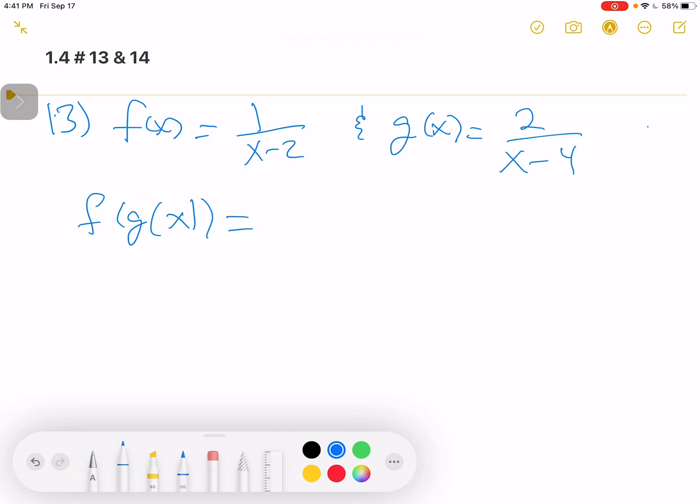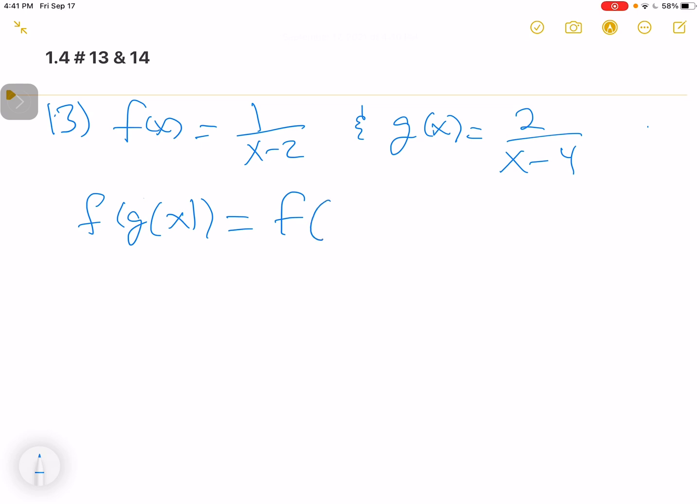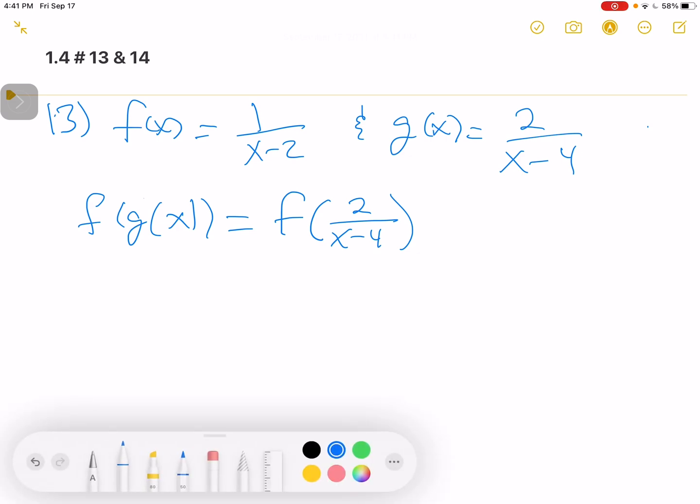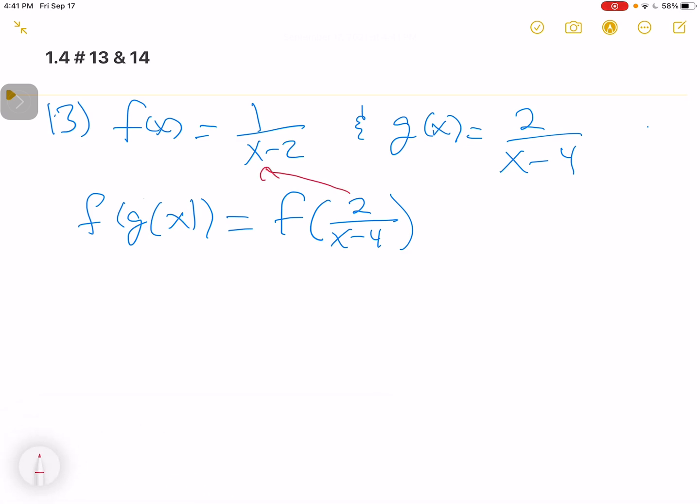And so what that's going to be asking for is put f of, and our g of x is 2 over x minus 4. So that's 2 over x minus 4 that's going to go inside of the f. So this 2 over x minus 4 replaces that x there. This part's going to go into that x.